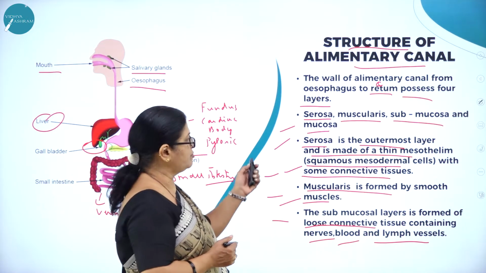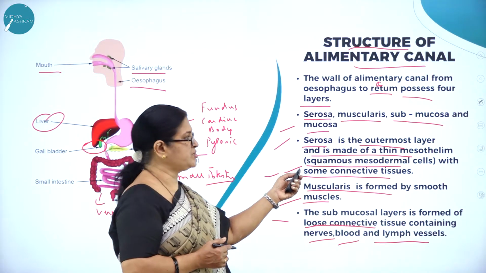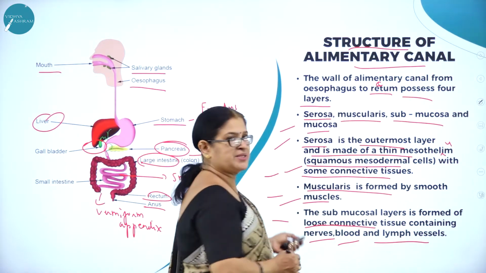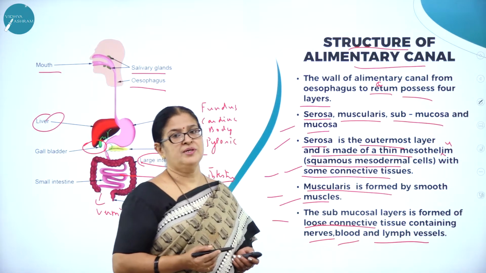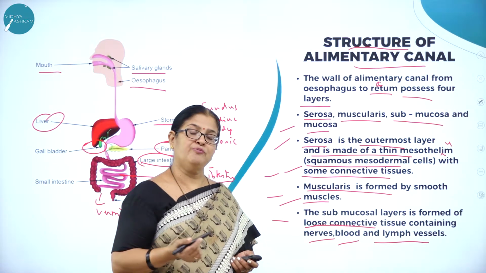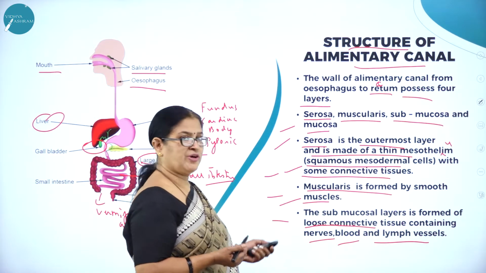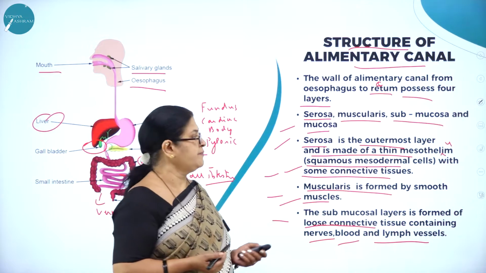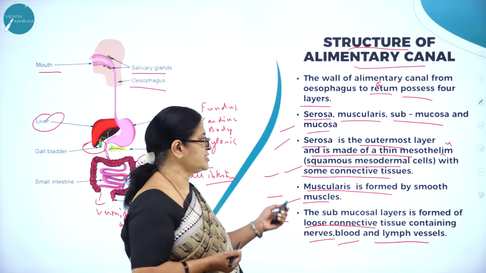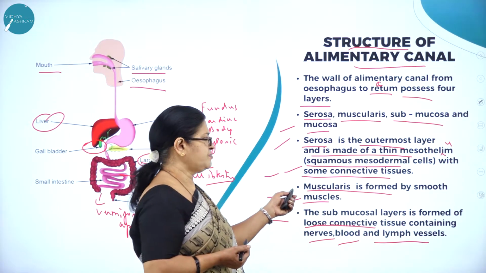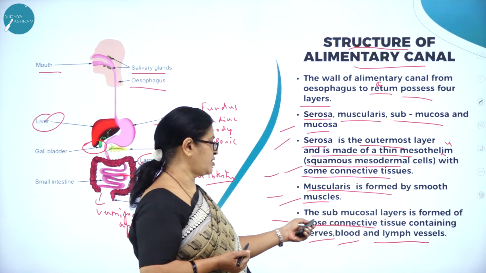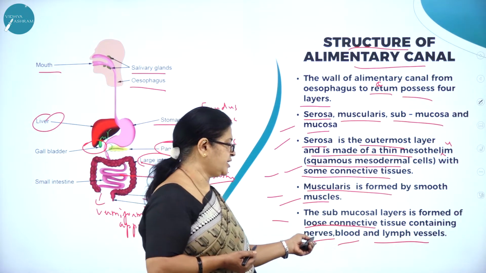Serosa is the outermost layer and is made up of thin mesothelium, that is squamous epithelium, flat cells which form the lining of most of the internal organs, or what we call visceral organs, with some connective tissue. Muscularis is formed by smooth muscles and the submucosal layer is formed of loose connective tissue containing nerves, blood and lymph vessels.